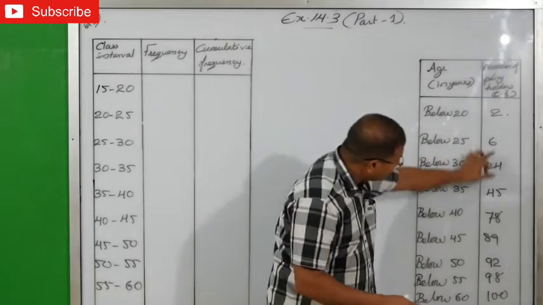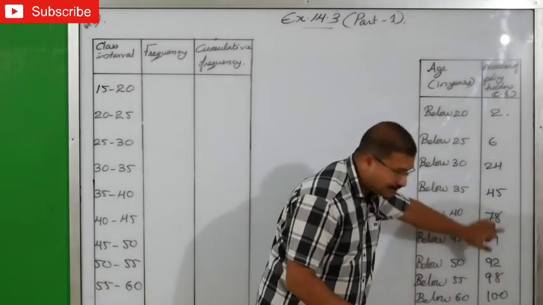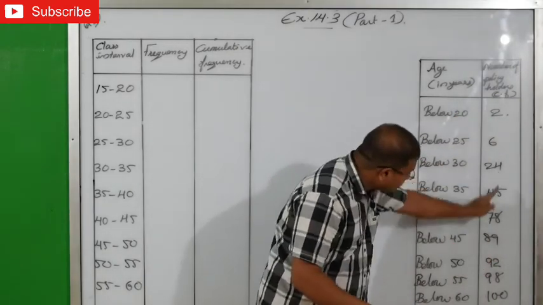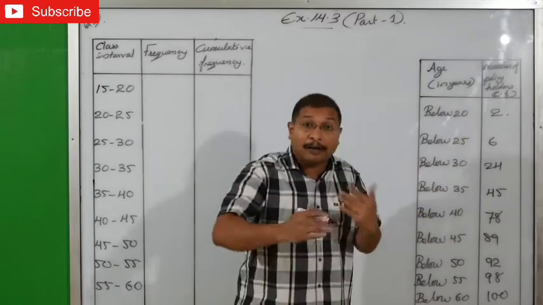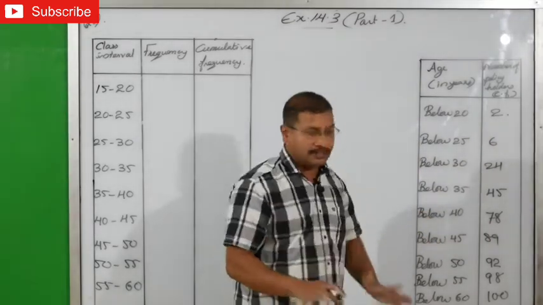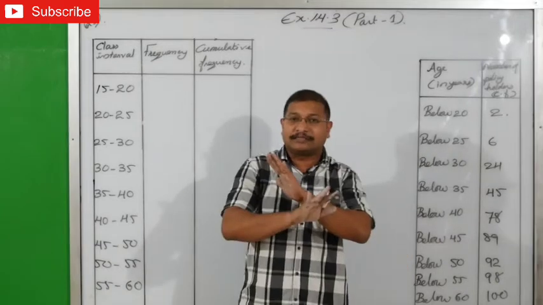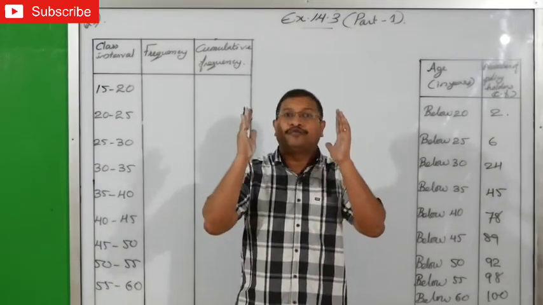After that, the number of policy holders is given. You see this frequency is increasing, isn't it? If it is below, above, up to, or more than, this type of question, the frequency is not a simple frequency, it is cumulative frequency.